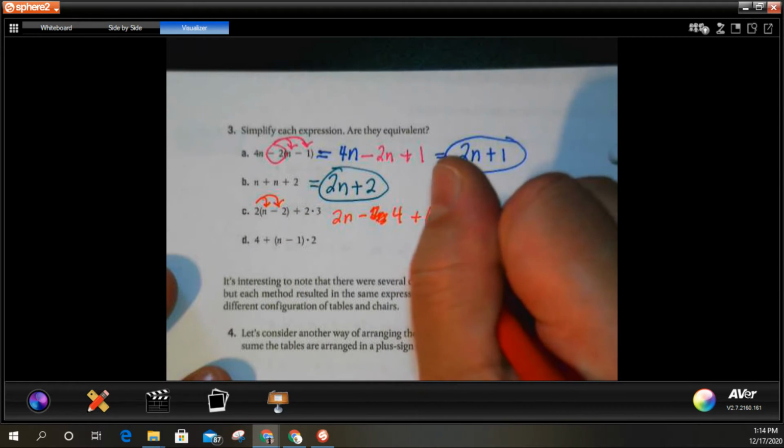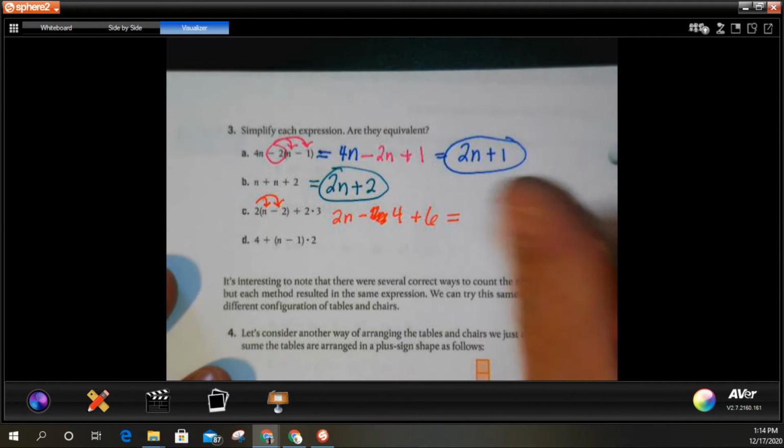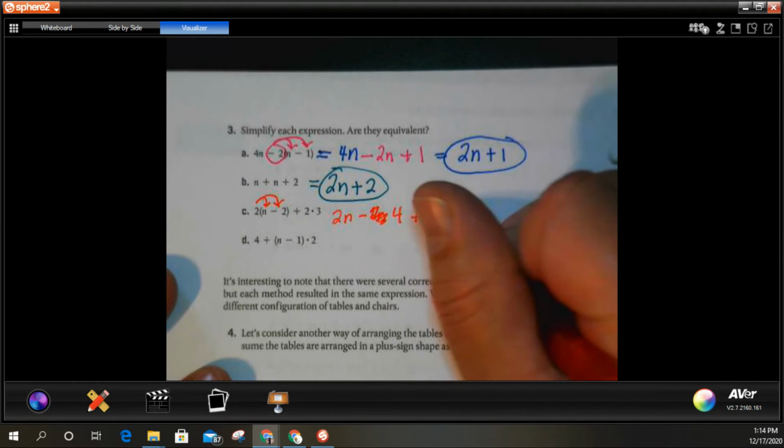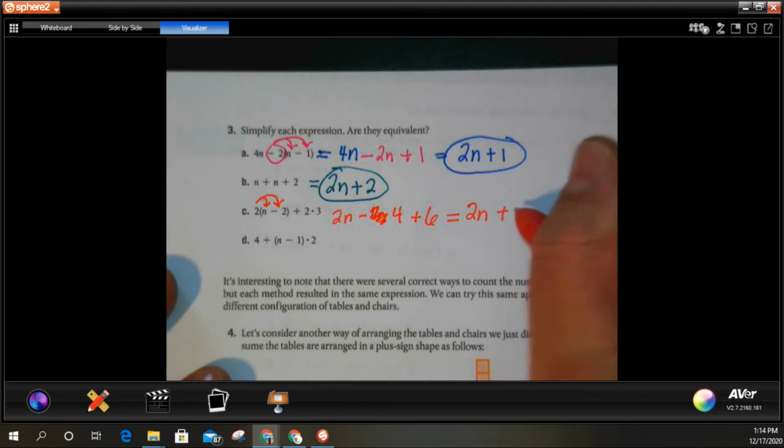And again, same, oh, this should be a 2 up here. Like, eeks. These should all be the same.